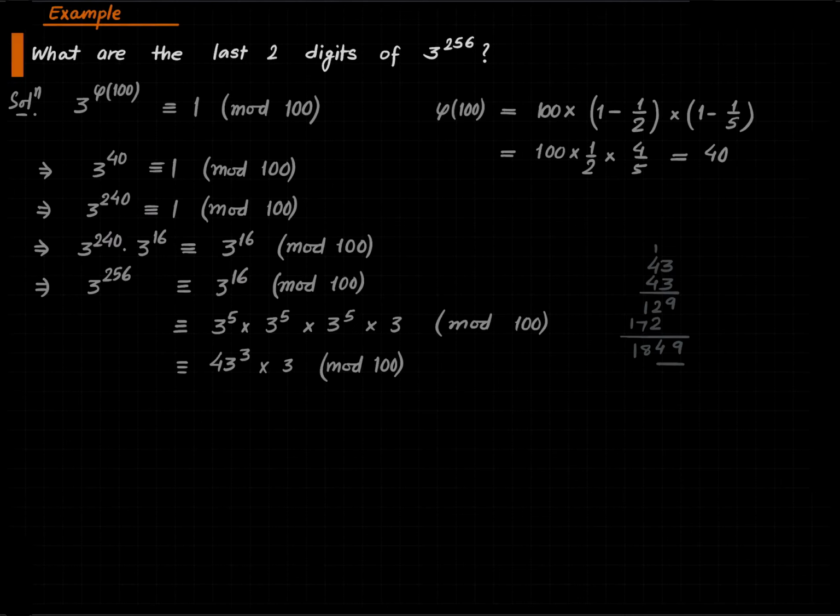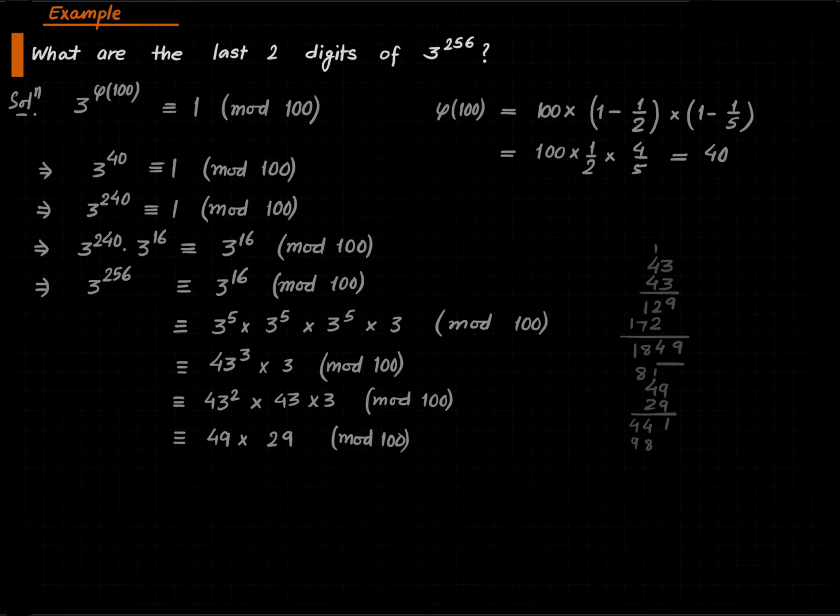So we get, this is congruent to 49, and 43 into 3 is what? 3 3 is 9. Yeah, but I can remove that one because we are only interested in modulo 100. And now one more computation, 49 into 29. So it's 21. So the last two digits of this number are 2 and 1.